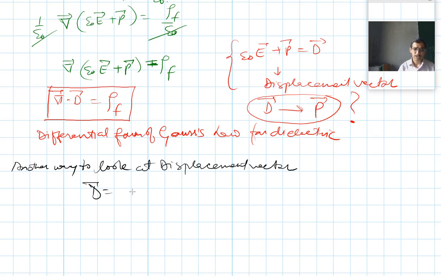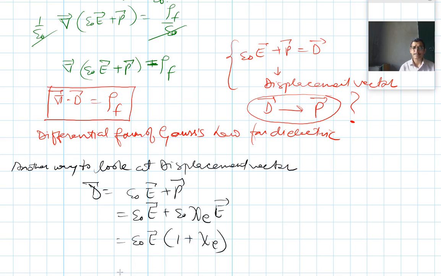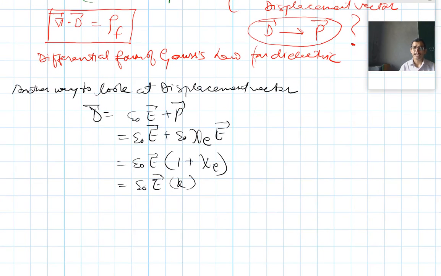D is equal to epsilon naught E plus P, and let us put the value of the polarization vector, which is epsilon naught chi E times E. So epsilon naught E can be taken outside, giving 1 plus chi E. As we know from earlier lectures, 1 plus chi E is equal to K, the dielectric constant.